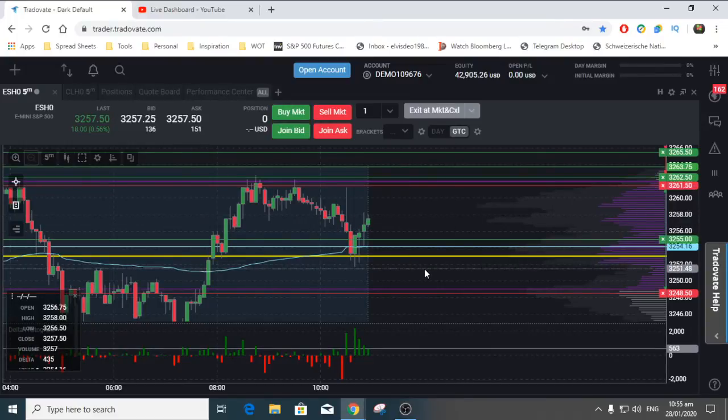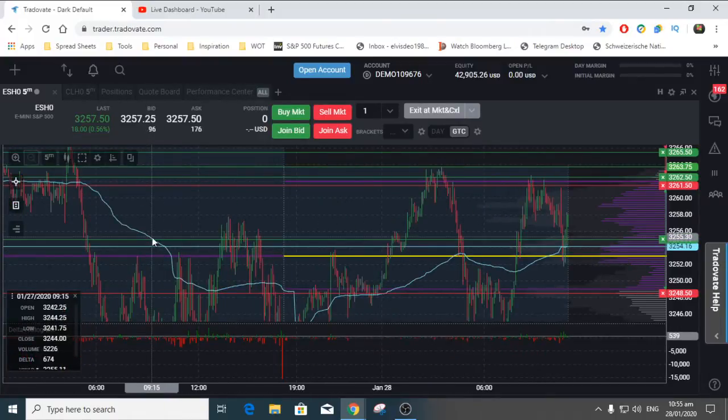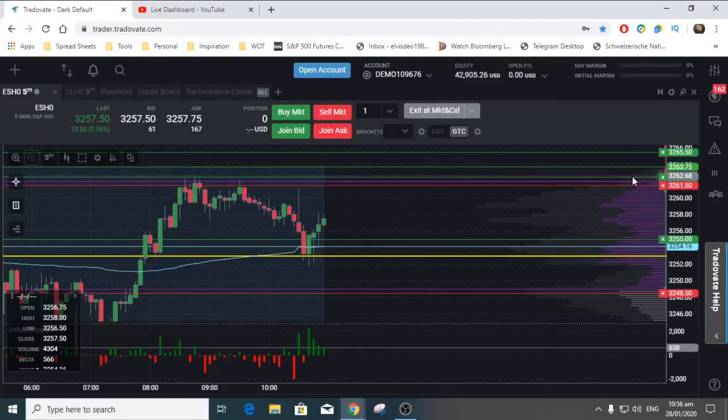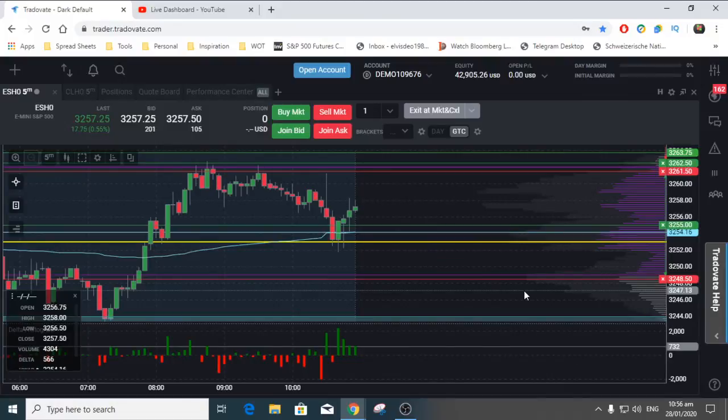You know where reasonable ranges are, where reasonable entries are, and we have structure right there. I created structure there just now. Another reason is we have a boxy VPOC, boxy value area on the development value area side. That's probably about 5 seconds too late on a very good entry.